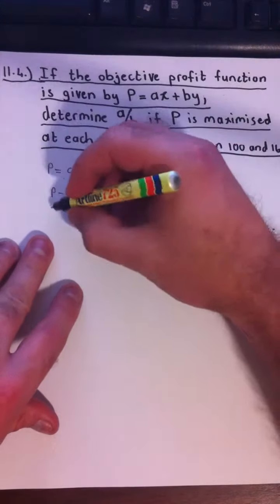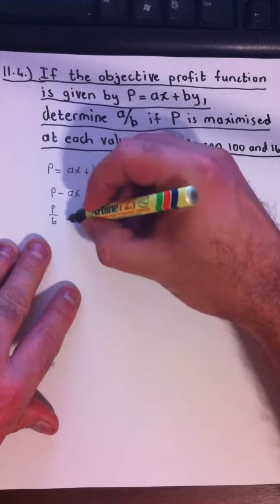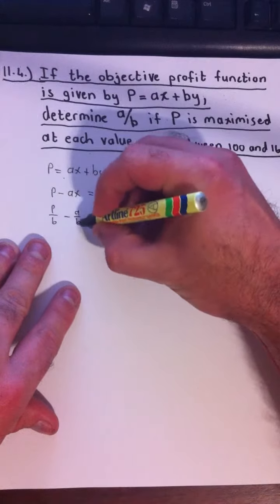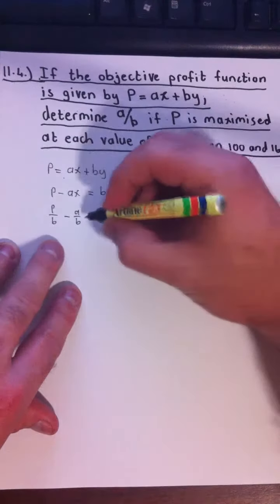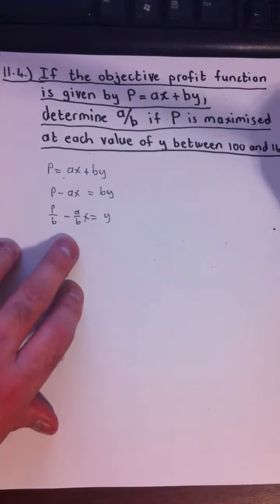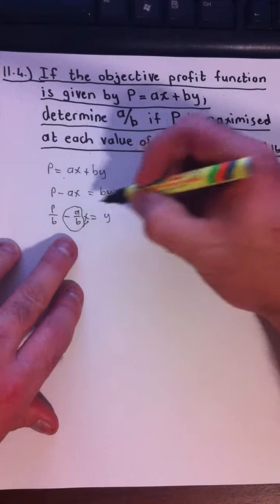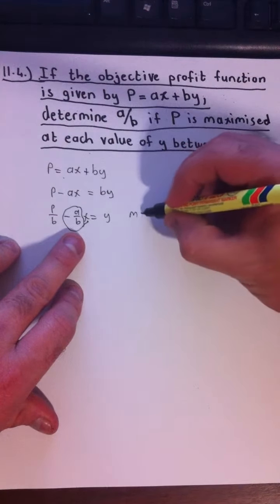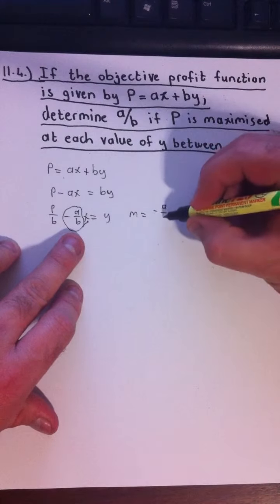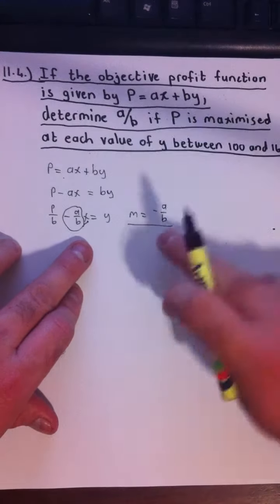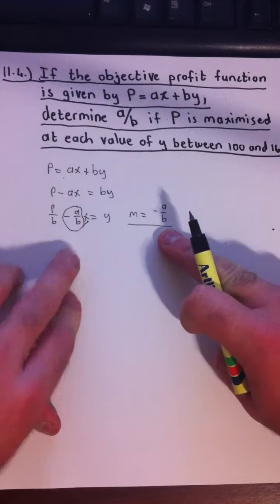Divide both sides by B. We get P over B minus A over B X equals Y. Okay, so now the gradient we have here is negative A over B. So M equals negative A over B. That's where the profit will be maximized.